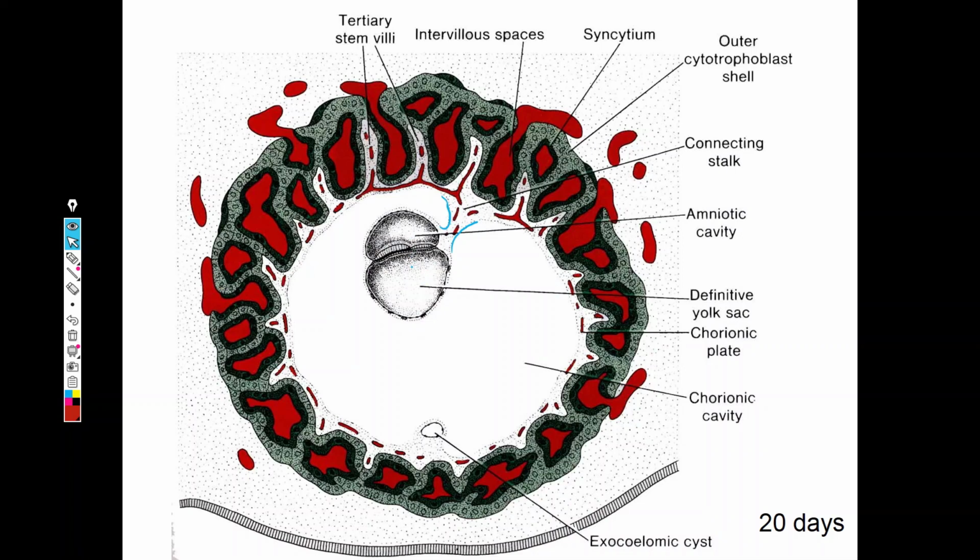And what we can see also in this picture is the fully developed chorion right here. I'm going to draw it like this in a circle. So this is the chorion over here. The chorion consists of trophoblast. I'm going to probably write it down.